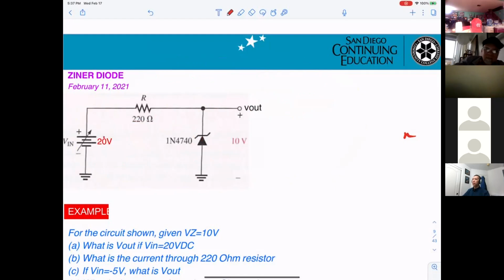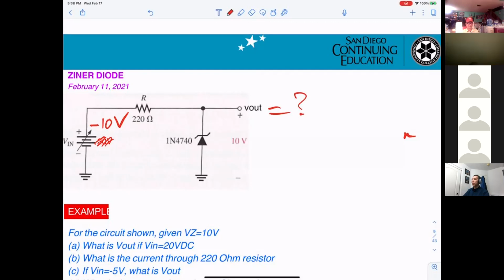Okay, minus 10 volts. What is V out? 0.7. 642.6 millivolts. What is the V out?